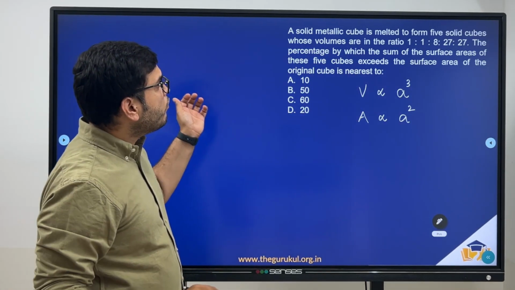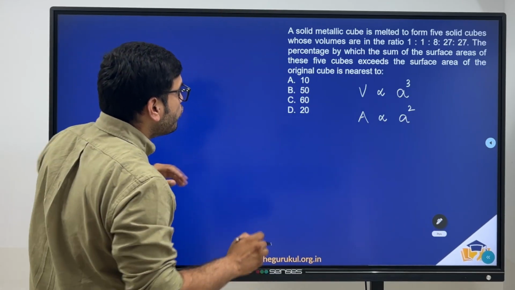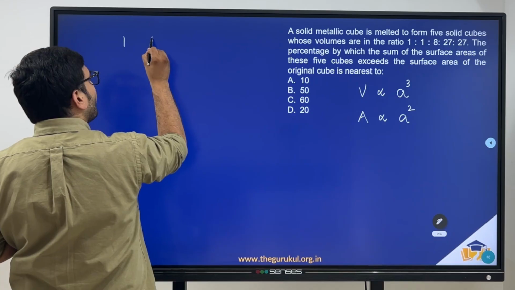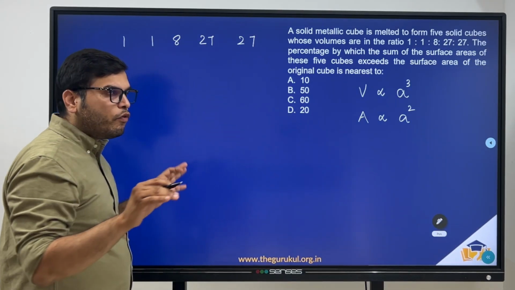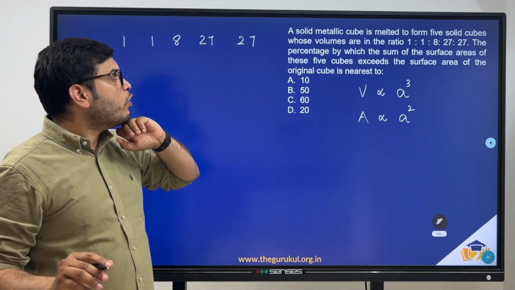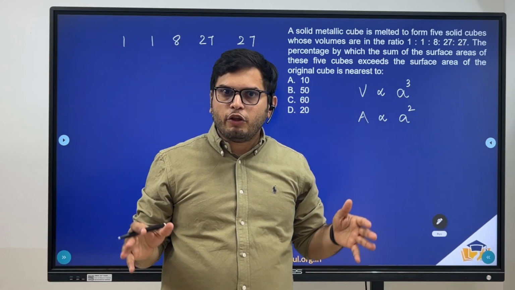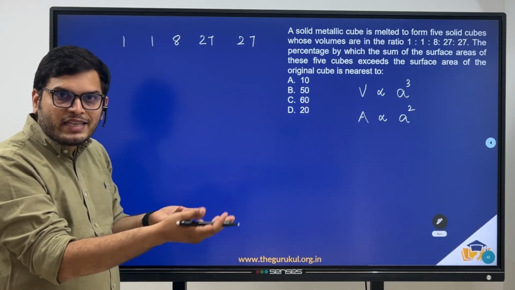Now we are given a solid metallic cube melted to form 5 solid cubes whose volumes are in the ratio 1, 1, 8, 27 and 27. Let me consider the volumes of these 5 cubes to be 1, 1, 8, 27, 27. So what should be the volume of the larger metallic cube which was melted? Sum of all these volumes, since there should not be any change in volume.